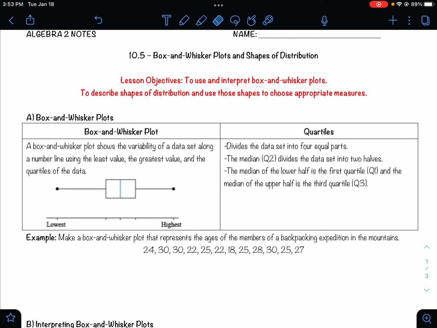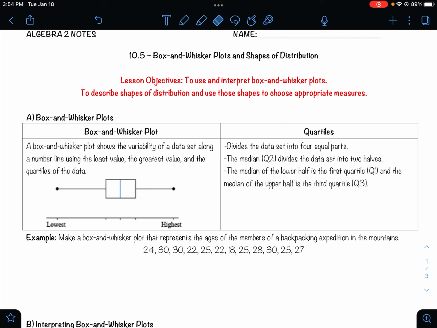Today is going to be a little bit of review of what you learned probably in middle school, if not the latter part of elementary school, on box and whisker plots, interpreting box and whisker plots, but then also looking at new types of graphs called frequency distribution graphs, and showing how their shapes of distribution show variation in data, and that tells us what types of data is more important, and all that's going to make sense after we're done here.